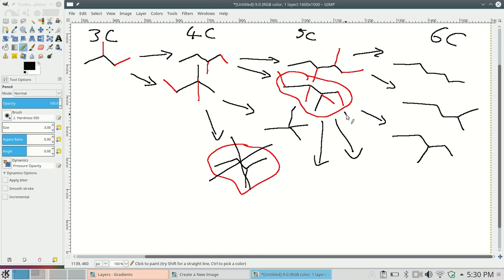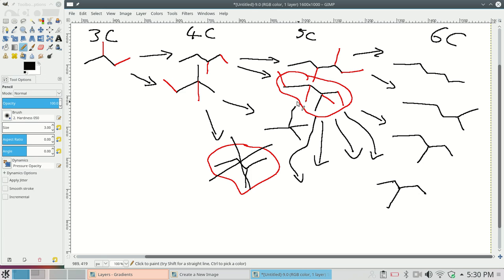And sorry for this getting a little bit crowded. So the first structure that we get is, I have to count this right, 1, 2, 3, is this one.